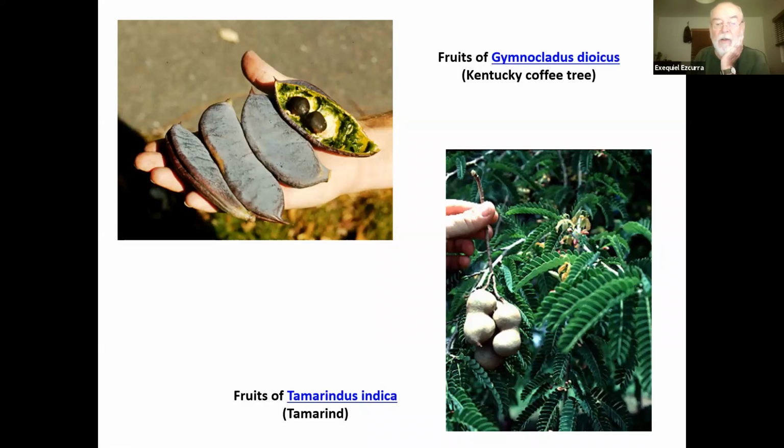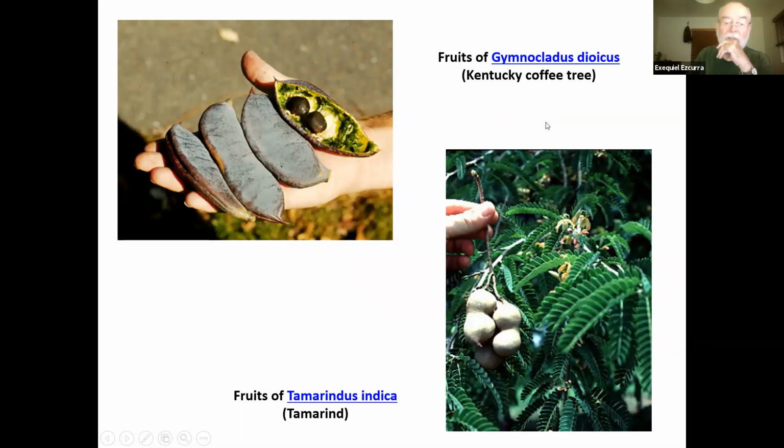Important plants within this group, the tamarind, Tamarindus indica, that the pod, as we discussed in the previous class, is almost like a drupe. It's fleshy, the mesocarp is fleshy, and the flesh is very nice to eat. And Gymnocladus dioicus of the southern part of the United States, very planted as a street ornamental tree.